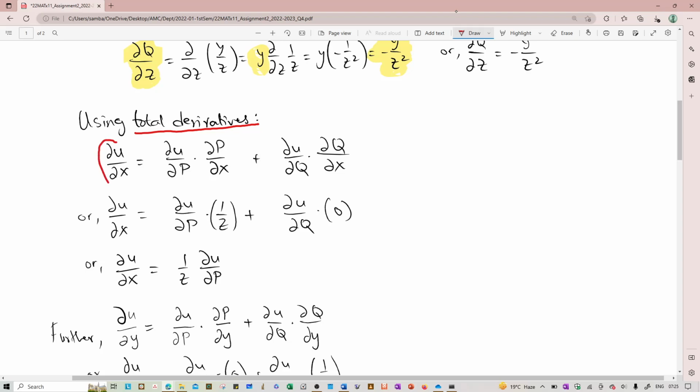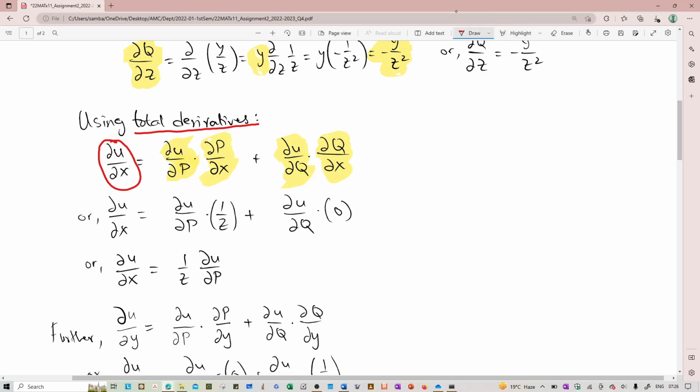So if we look at ∂u/∂x, what we do is that we differentiate u with respect to p, right? But then we actually needed to differentiate u with respect to x. So we multiply this ∂u/∂p by ∂p/∂x, and add the result with the partial derivative of u with respect to q, multiplied by the partial derivative of q with respect to x.